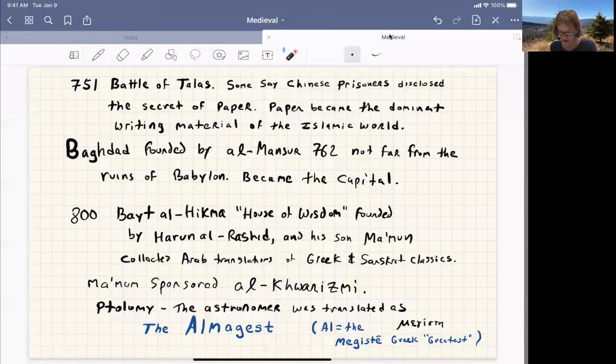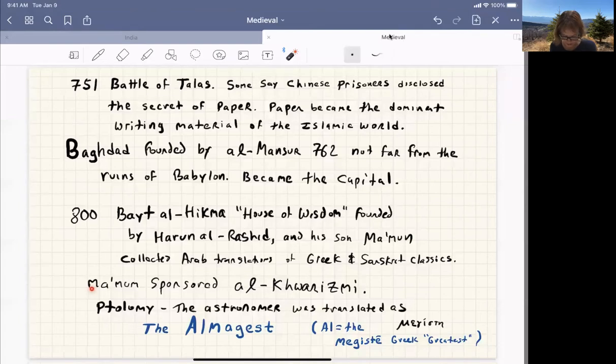Then Baghdad was founded in the year 762 not far from the ruins of Babylon, and it became the capital. Then in the year 800, the House of Wisdom was founded. And so this was founded by Harun al-Rashid and his son Mamun, who collected Arabic translations of Greek and Sanskrit classics.